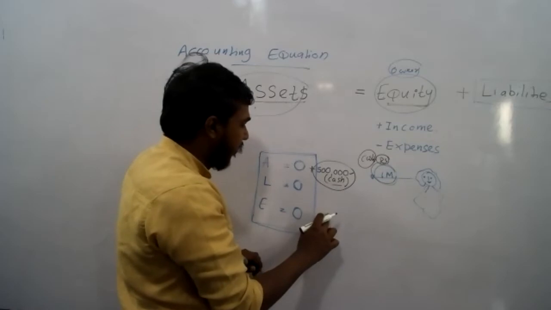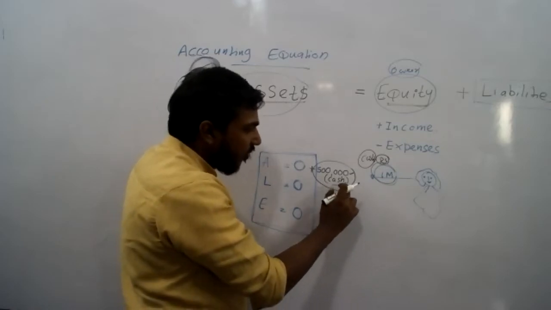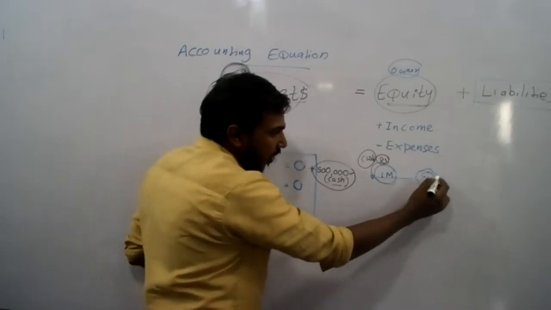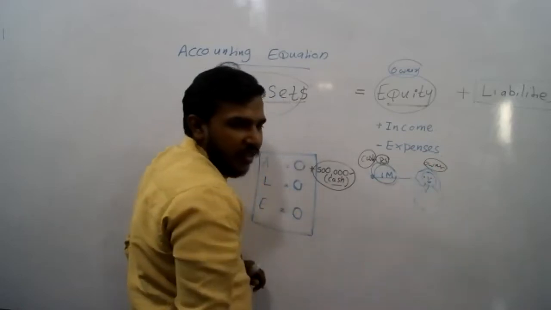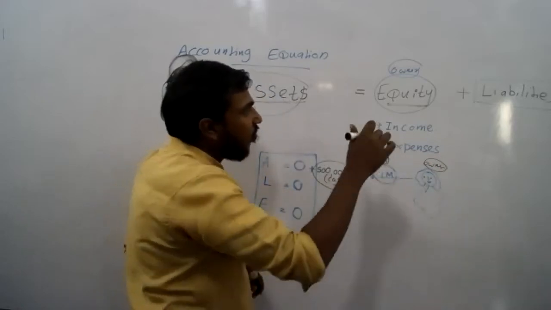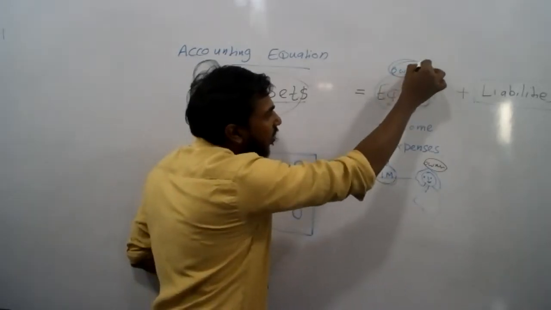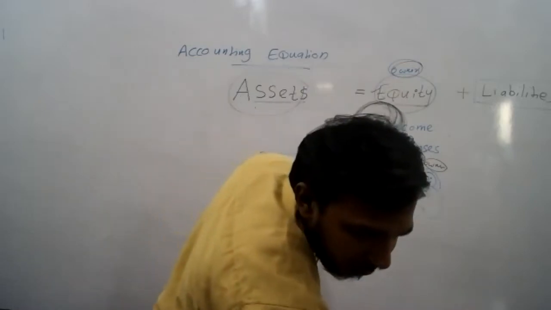Assets would be increased. Then, since the owner brings this 500,000, Kanchana is the owner. I told you guys, any transaction related to the owner always has an impact on equity.